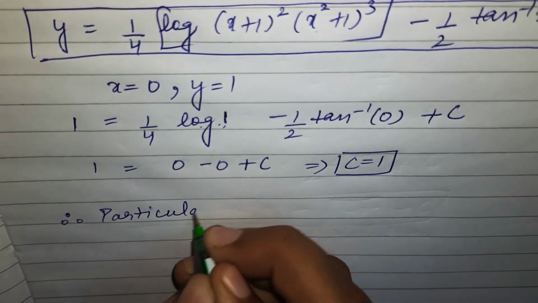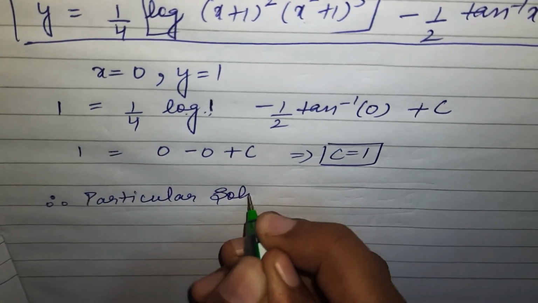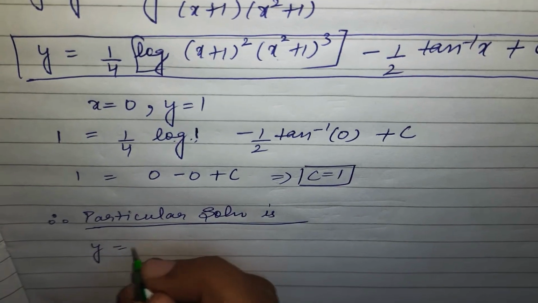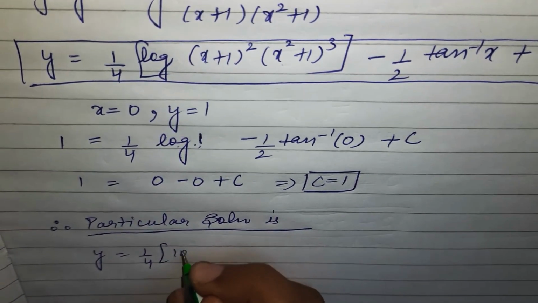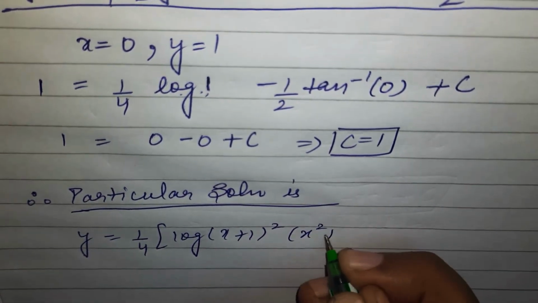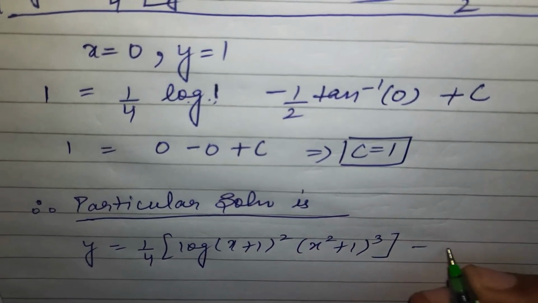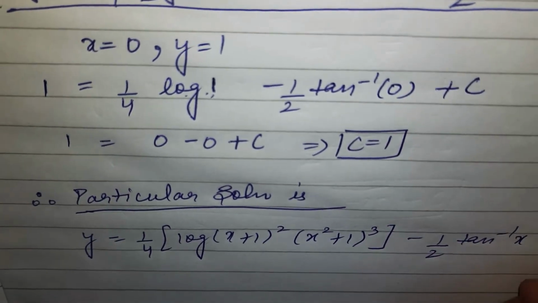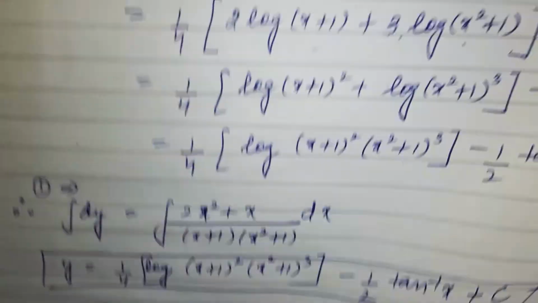Now put the value of c in the general solution. This will be your final particular solution: y is 1 by 4 log of x plus 1 square x square plus 1 cube minus 1 by 2 tan inverse x plus 1. Now come to the next question.